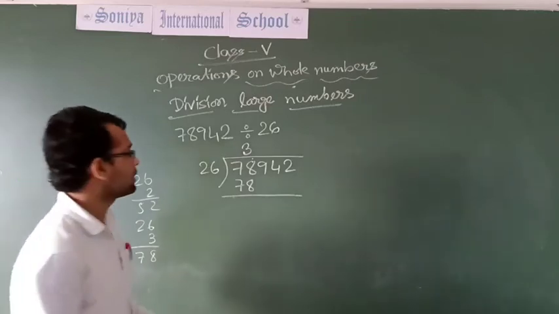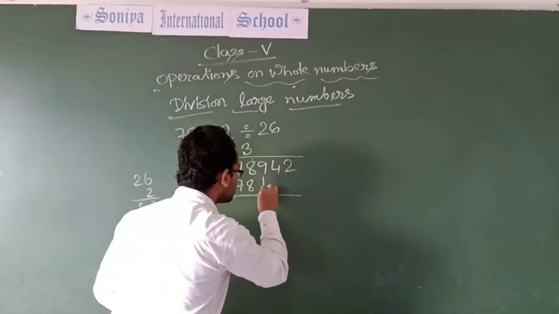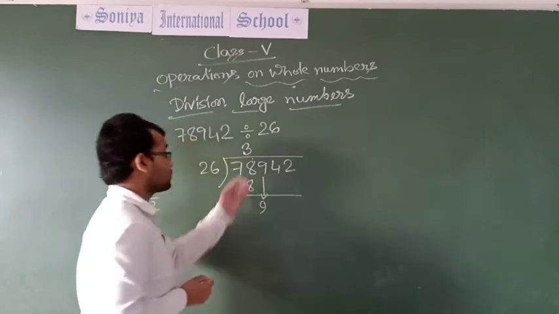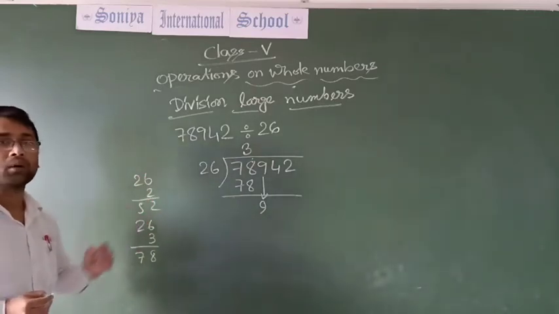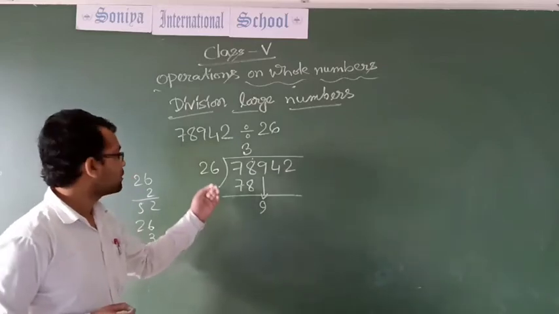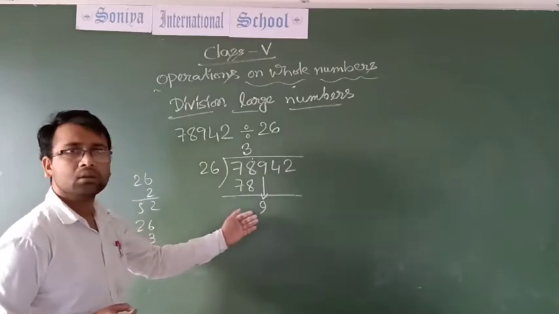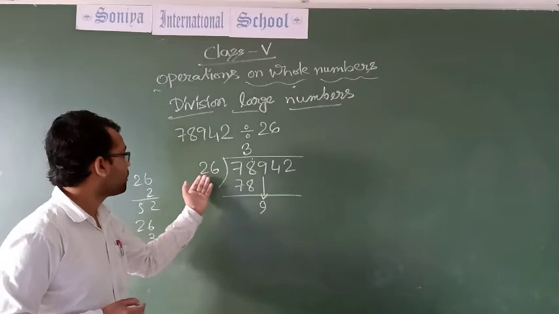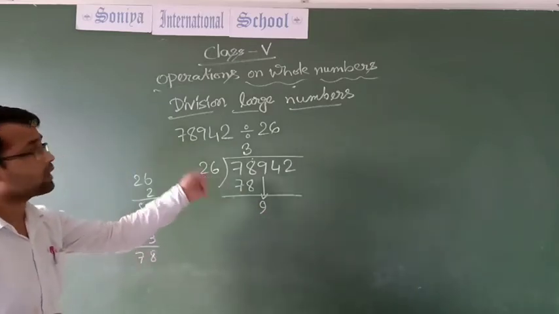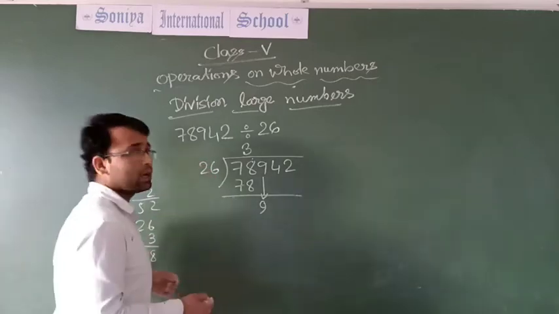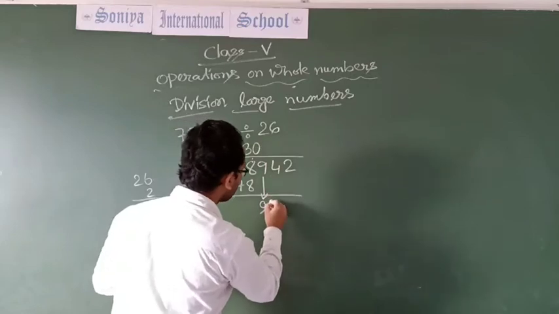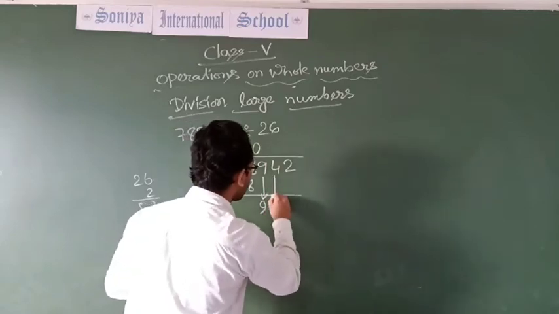Then take one number down. 26 is greater than 9, so it will not divide by 26, so take 0 and put another number, then 4.